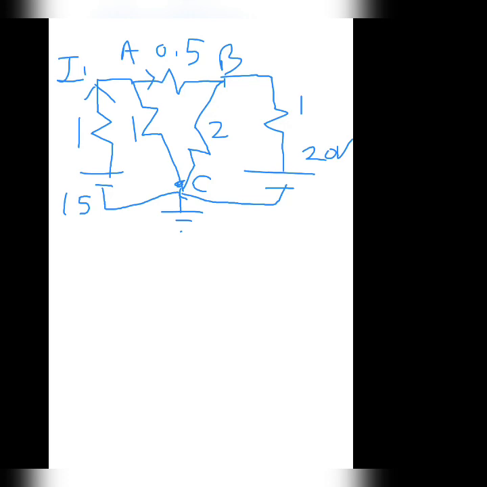Here again, there will be distribution of current. So if this is sending current, the current will be flowing out of B.